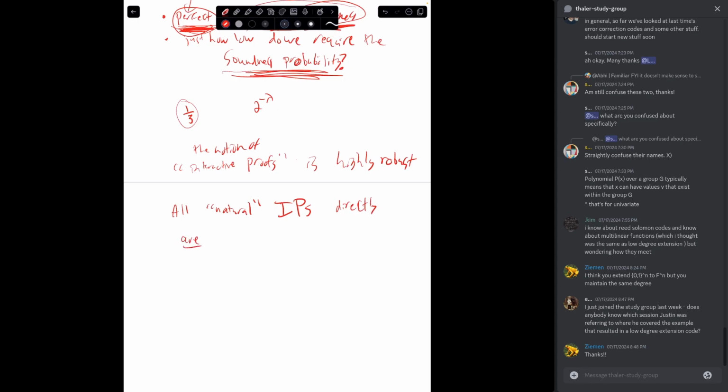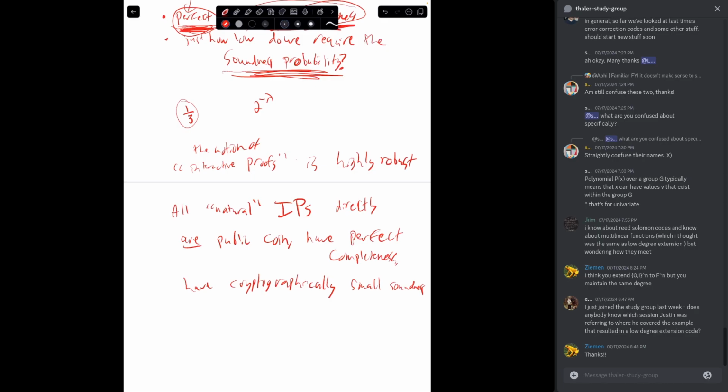They directly are public coin, they directly have perfect completeness, and if you work over a big enough field, they always have cryptographically small soundness error. There are transformations known where you can take protocols that don't have these nice properties and turn them into ones that do, but all protocols we'll see will directly have the properties anyway. You don't have to invoke the transformation, and that's nice because the transformations in general add a lot of overhead. The overhead in theory is not that big, but in practice would be really terrible.